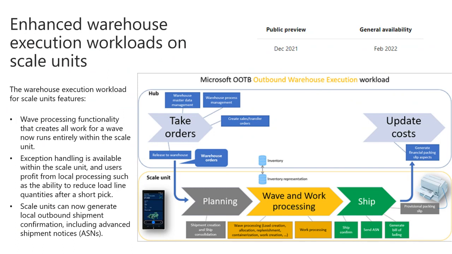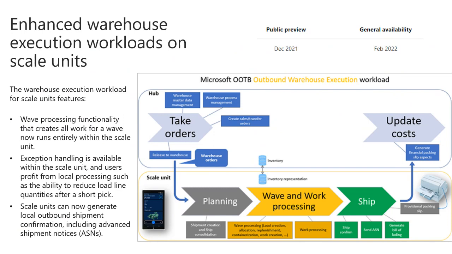So there'll be wave processing, load creation, and then that creates work that has the warehouse workers go out and pick all the items that need to be picked for the various orders, and then put them somewhere in your outbound docks or where it may be.